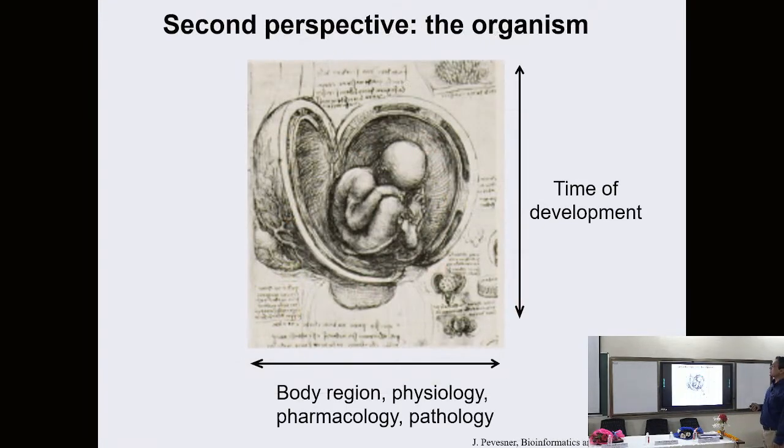Okay. So the second perspective of omics is the organism. We discussed humans, and you said that there are 37 trillion cells in humans, and each of these cells has the same genome, generally speaking, over 3 billion nucleotides in each of these cells.